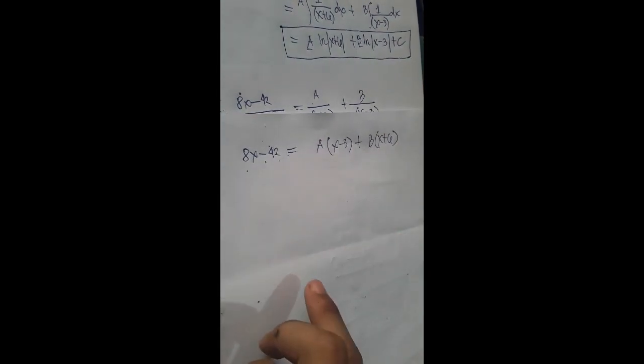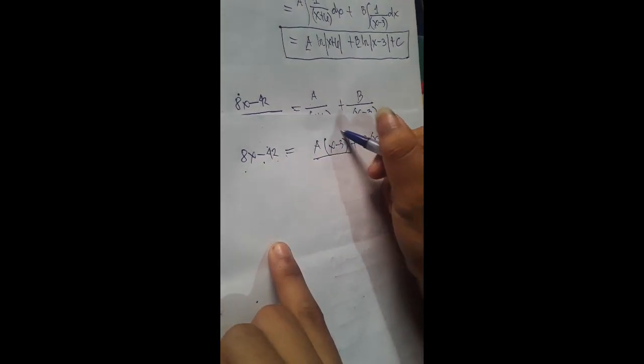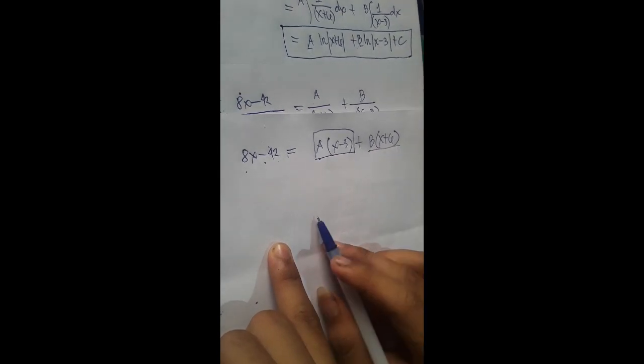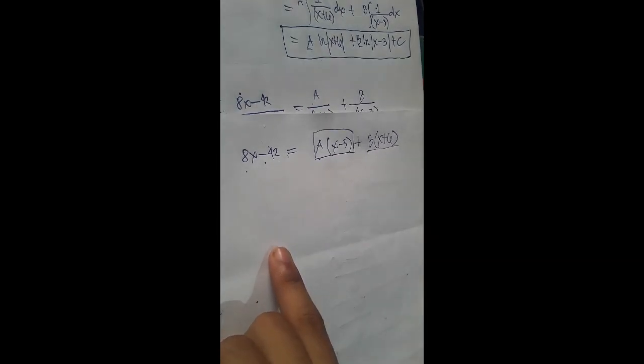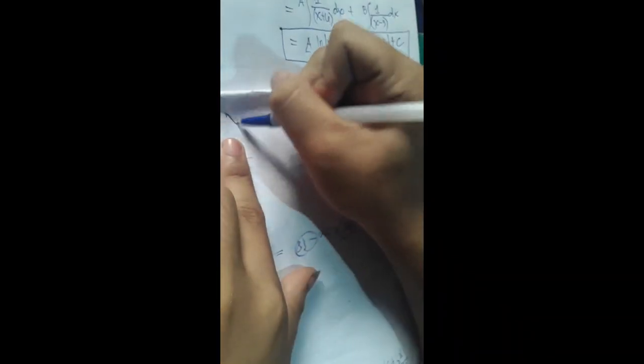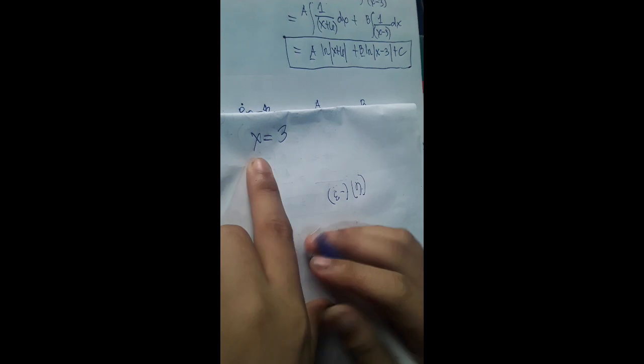For now, what is our x value? We are going to find the value of x in order to eliminate this part and to get the value of our b. So our x is equal to positive 3. Why?